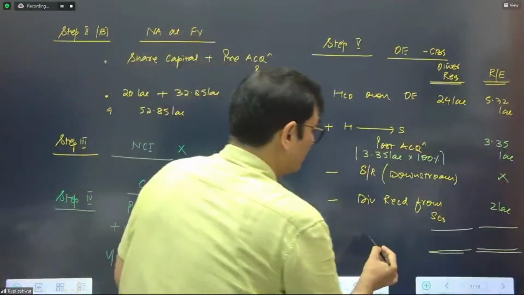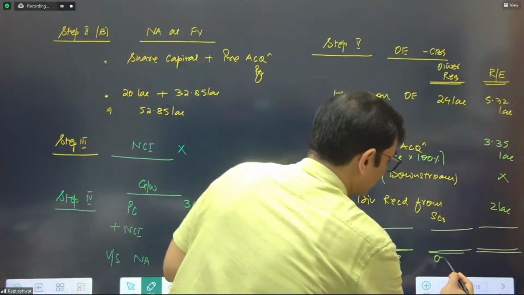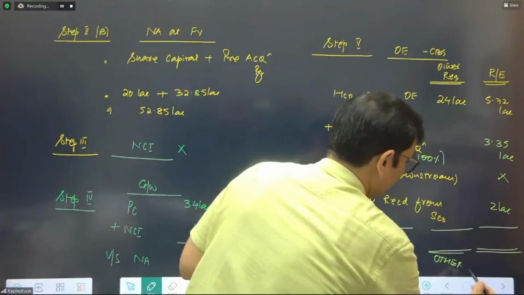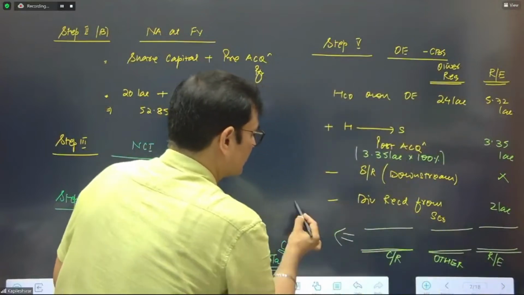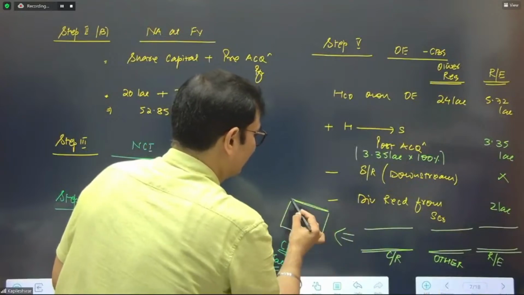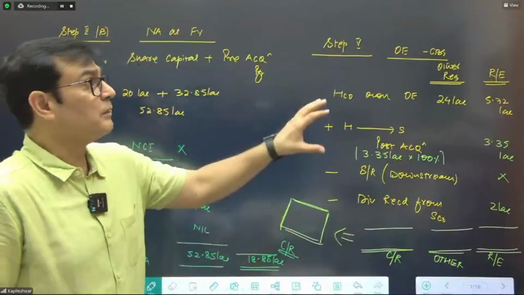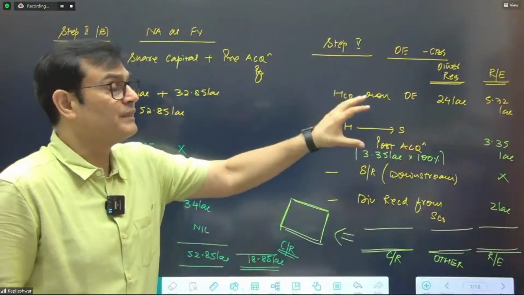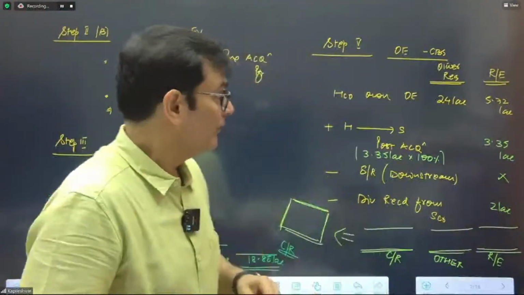So you can say that we're going to get 3 inputs in the balance sheet. One is a capital reserve, one is the other reserve, and one is the retained earnings. You can just add up these figures, and this is what is going to appear in the consolidated balance sheet. Because the other equity is going to comprise of other reserves, retained earnings, as well as the capital reserve. So let's see the figure.